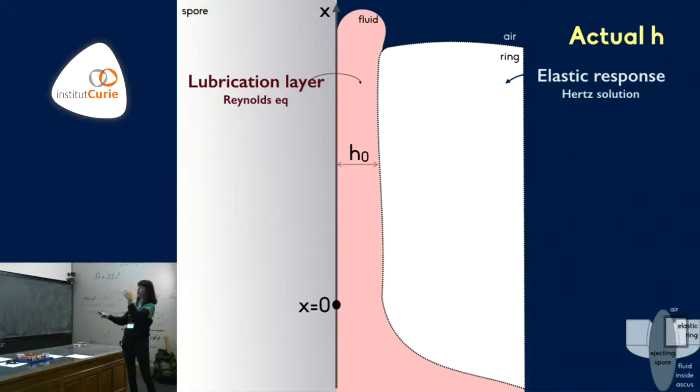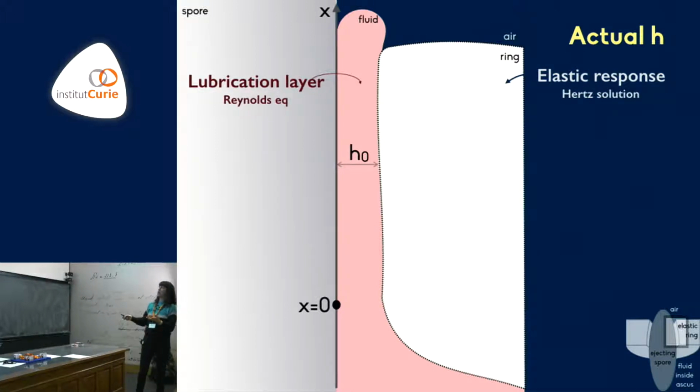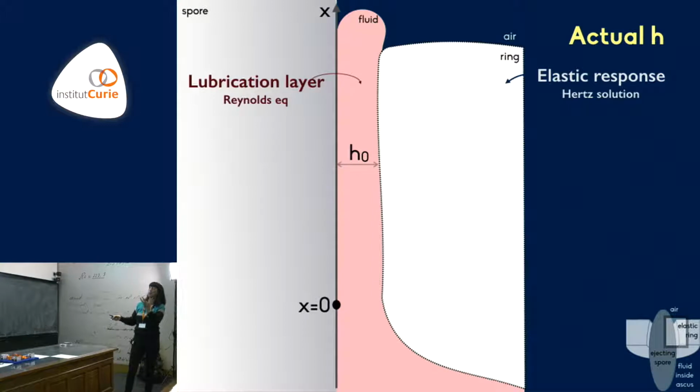I'm not sure that I'm going to be able to convince you about the scalings because it's quite complicated, but at least with your hands, you understand that if I change slightly some properties of this fluid or some properties of this apical ring, or if the difference in pressure changes, then this fluid layer will have a different thickness.